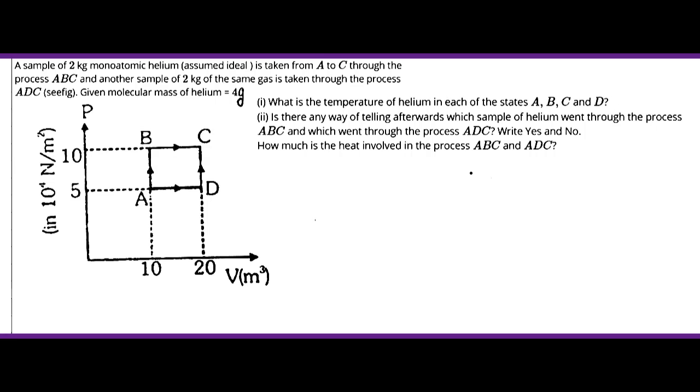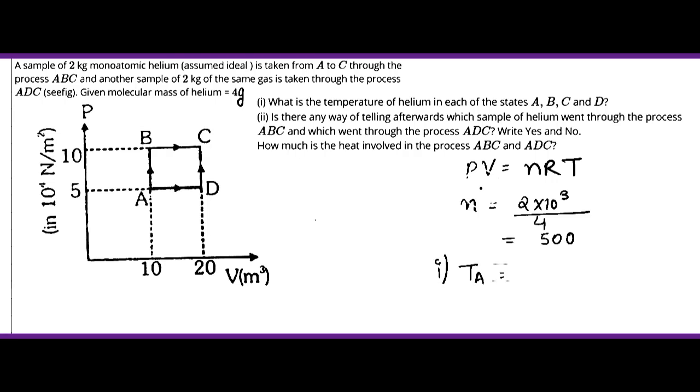So using the ideal gas equation, that is PV equal to nRT, n would be equal to the mass given, 2 into 10 to the power 3, divided by the molecular mass, that is 4. So it turns out to be equal to 500 moles. Using this ideal gas equation, the temperature at A would be equal to PA VA by nR.